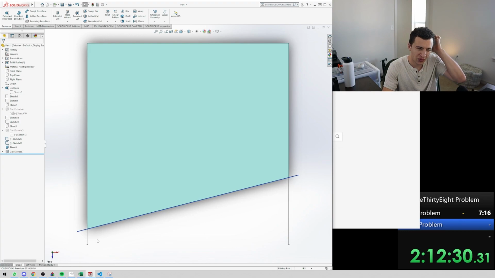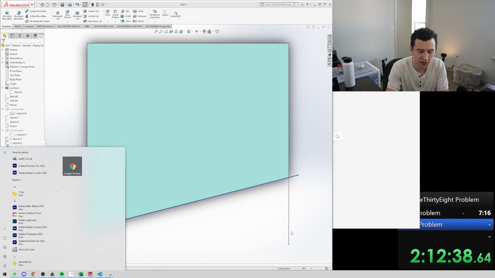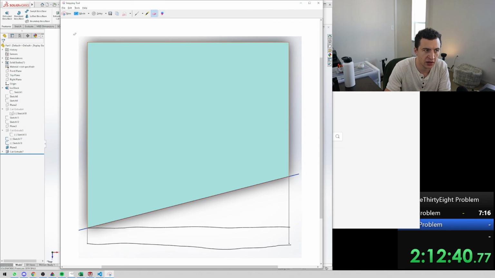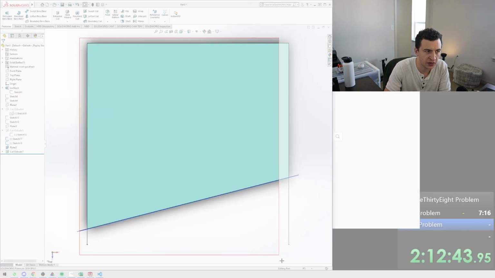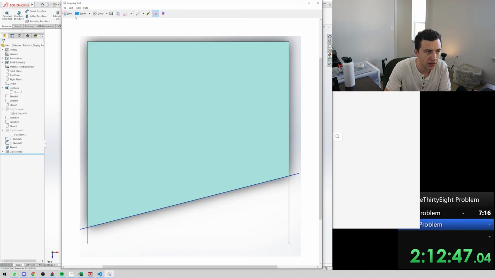Now, this is bad because what this in essence is a cut along this length and then a cut along the other end. And so if I draw this out, it's got cut 1, or what is functionally cut 1 right here, and then cut 2, which is this one.